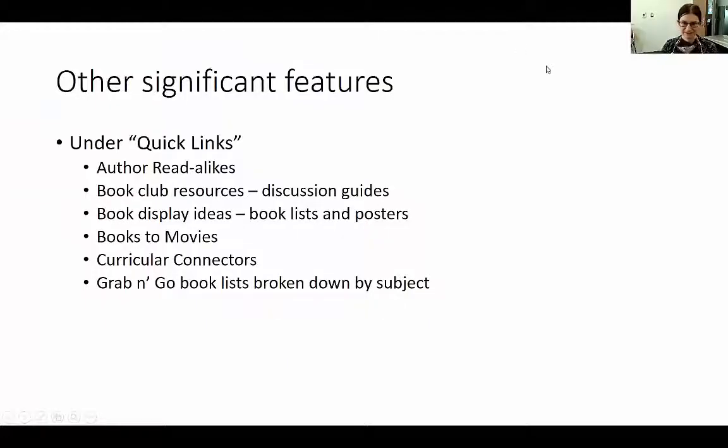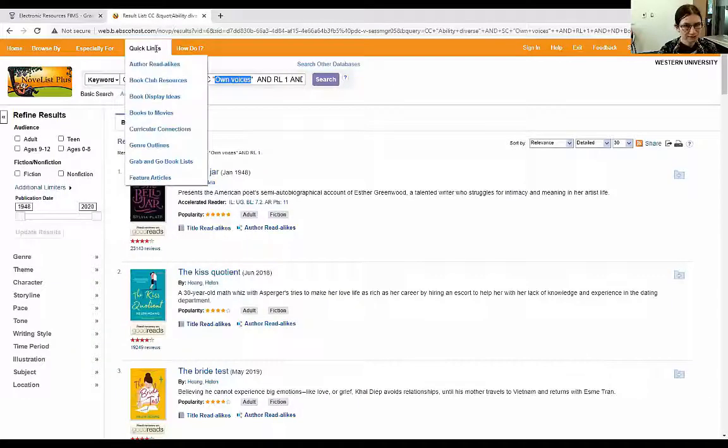Some other significant features of Novelist. Well, if we look under quick links, there's author read-alikes, book club resources, book display ideas, curricular connectors, which may be particularly important if you are thinking of becoming a teacher librarian.